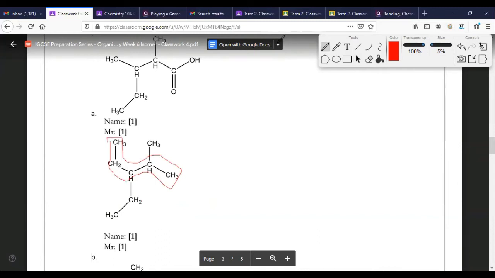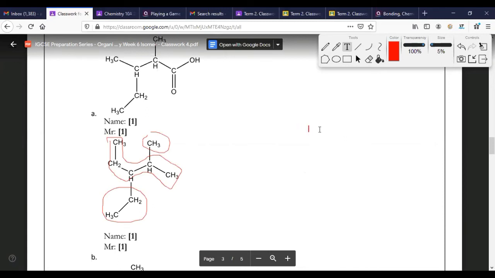What do you think? Is that the longest chain? Okay. Yeah, that is the longest chain. Okay, Rafi, can you continue? What's the name of our main chain here? We got 5 carbon, so the name is pentane again. Pentane. Yes, and then how about the branch?